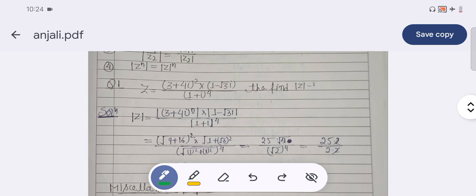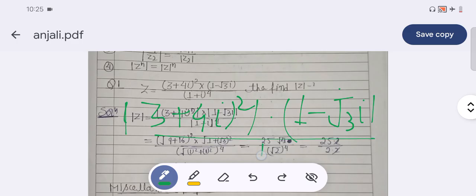So mod of (3 plus 4i) square into mod of (1 minus 3i) upon mod of (1 plus i) to the power 4.